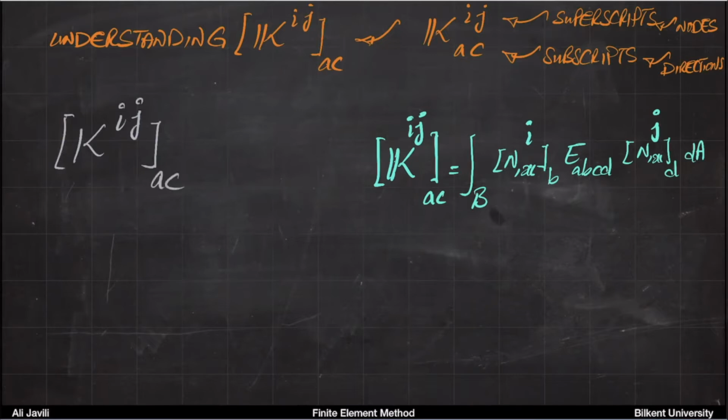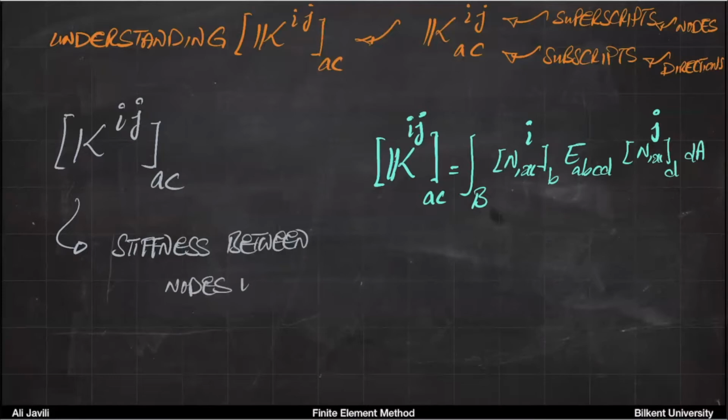Obviously, this means the stiffness between nodes i and j and for directions a and c respectively.